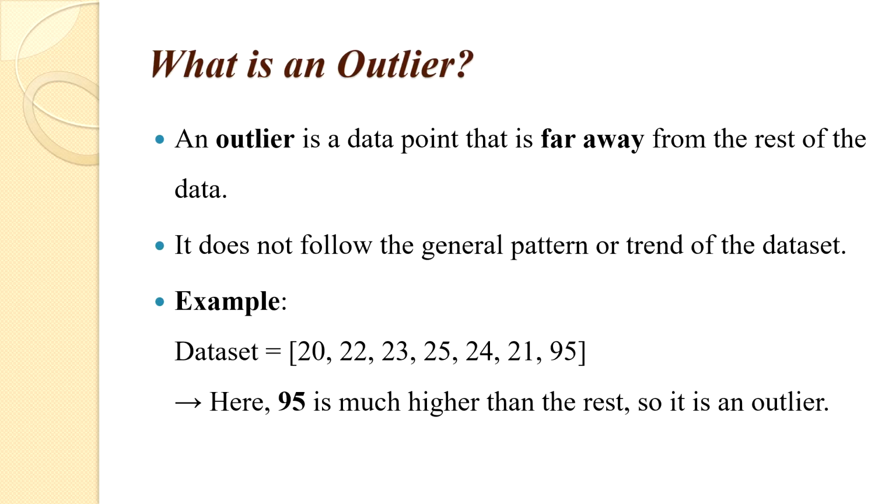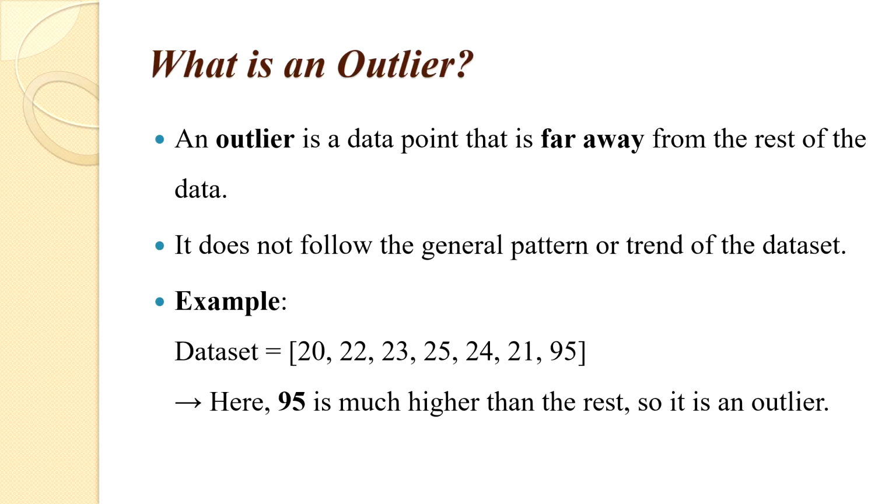For example, here is a dataset: 20, 22, 23, 25, 24, 21, and 95. From viewing the dataset itself, we know 95 is the highest value compared to the remaining values. So 95 we can easily say is an outlier, because this is a very simple dataset and by looking at it we can easily identify the outlier value.